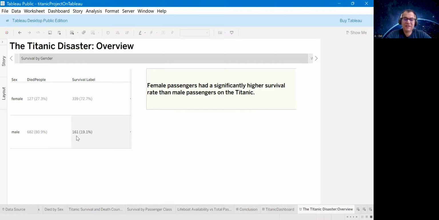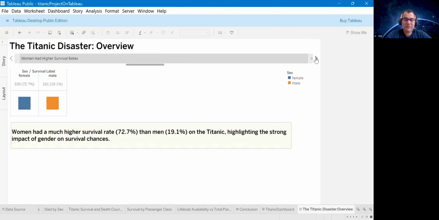But only 161, about 19 percent of men, survived. So female passengers had a significantly higher survival rate than male passengers. Also, women had a much higher survival rate according to this comparison table, which highlights the strong impact of gender on survival chances.